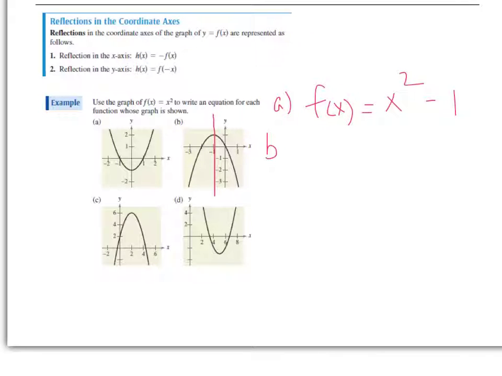So for B, we would have f of x equals, now since we went left 1, x plus 1 squared, and since we went up 1, there's the vertical shift, but because of the reflection, we're going to have a negative x plus 1 squared. So notice the negative is happening outside the equation.